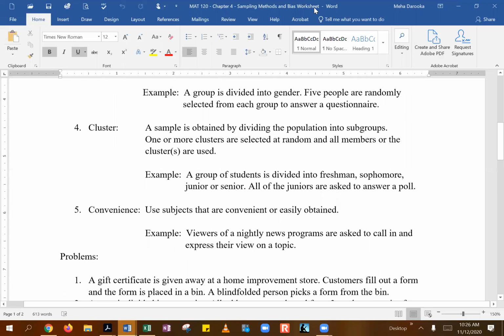Our example here is a group of students divided into freshman, sophomore, junior, or senior. Since we are selecting a cluster, all the students in the junior subgroup, you're going to take all of them and ask them to answer a poll.